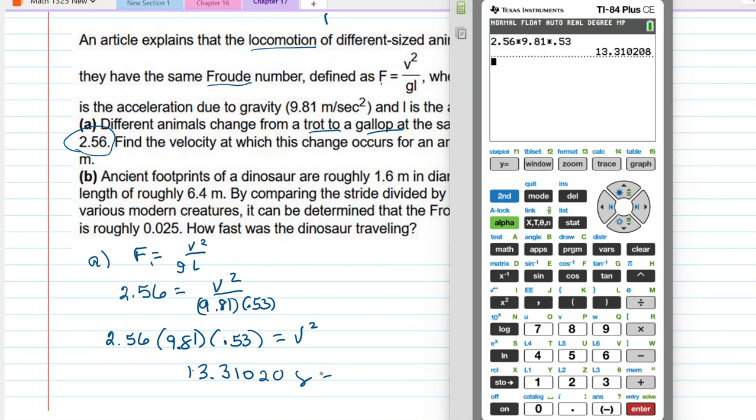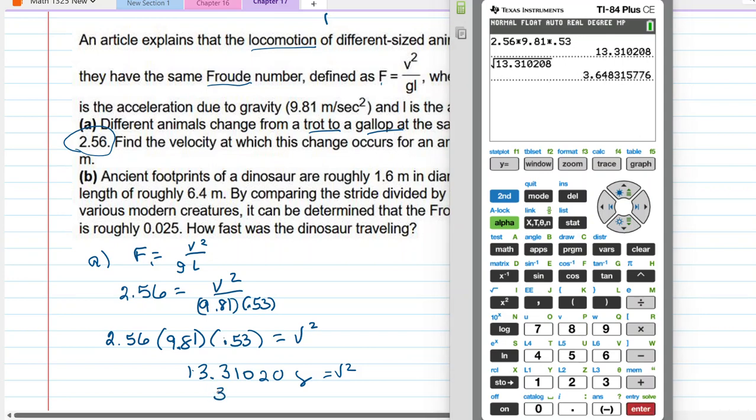So we want to do the square root of this, 13.310208. And I'm going to get this horrible number, 3.64831, blah, blah, blah. And what we need here, if I'm not mistaken, is 3 decimals, is all we need.